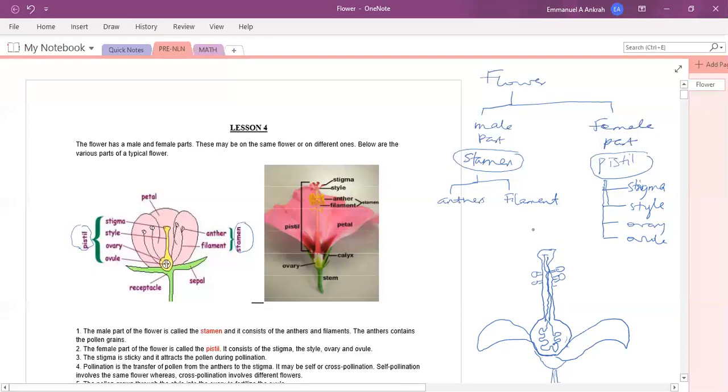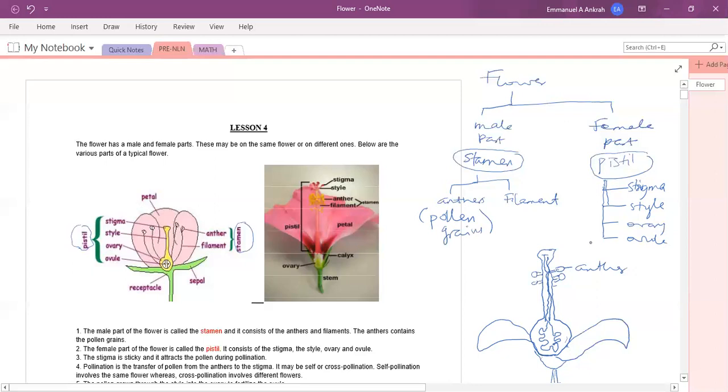So the anthers that you see here contain the pollen. That's where you find the pollen. Let's write that here: that's where you have the pollen grains, in the anthers.